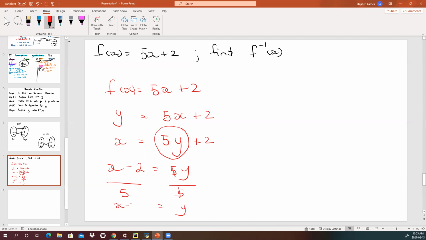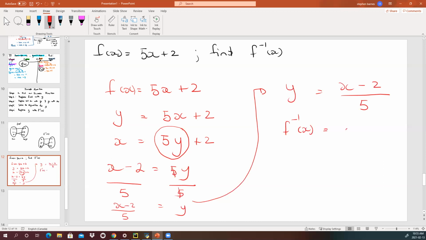So y equals x minus 2 all over 5. And then the last step says replace y with f inverse of x. And that is that. Simple enough.